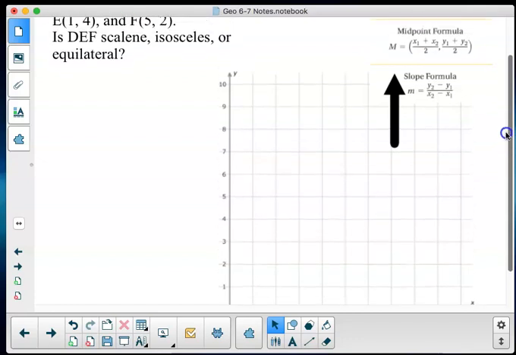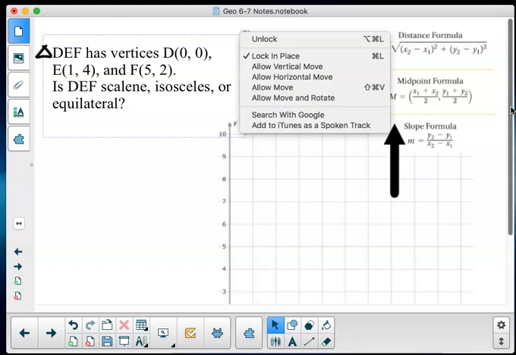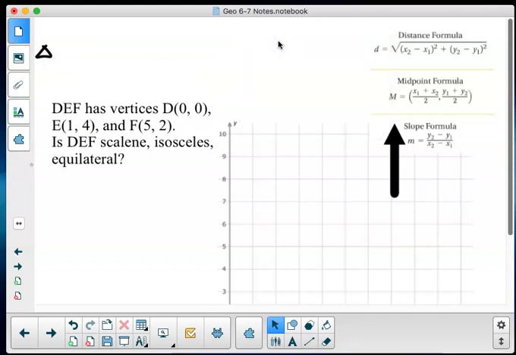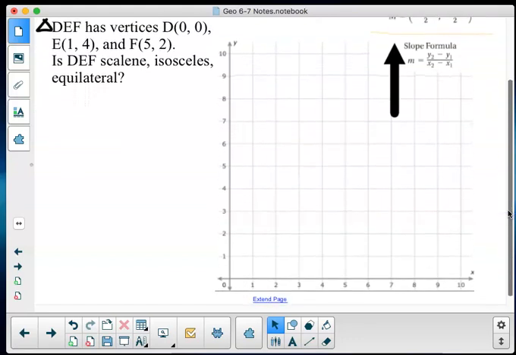So let's see what we can do about getting that down so I can actually see things the way I need to see it. So we can talk about this with some sort of intelligence. All right, cool. Now, I'm going to put in D(0,0), E(1,4), and F(5,2). So I've got those points.